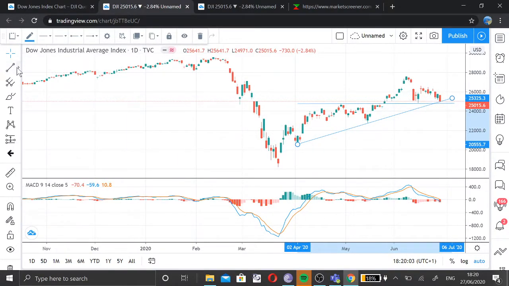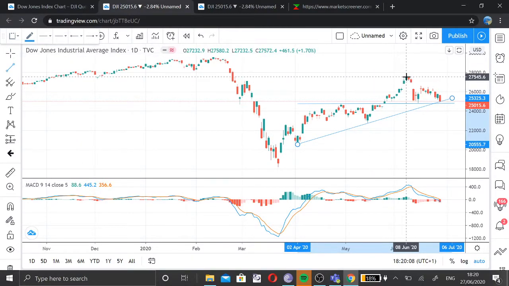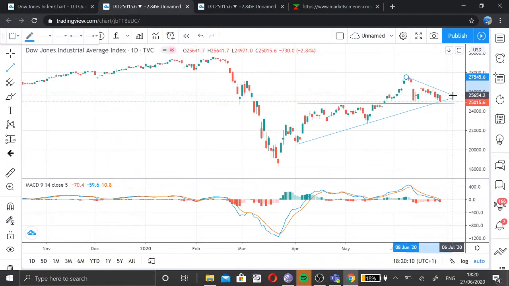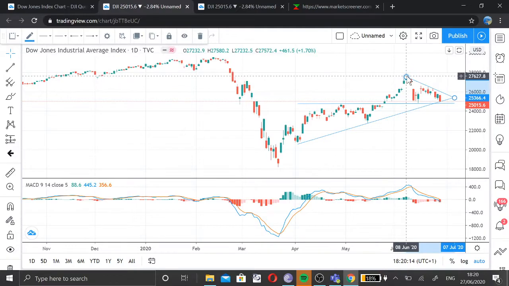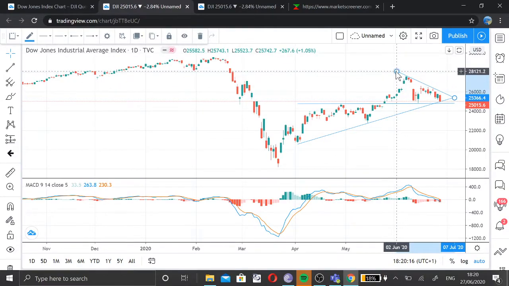If we draw another trend line here, which will join the two peaks here at the top, you'll have a better understanding of what is happening.